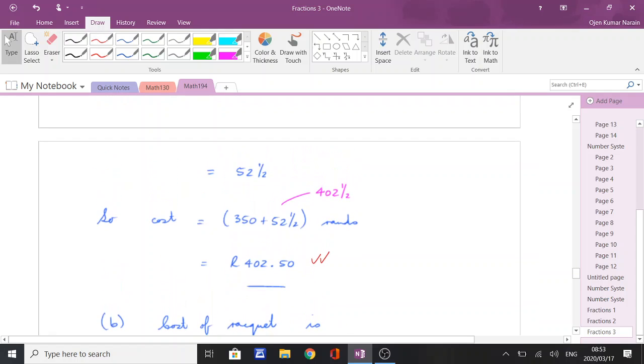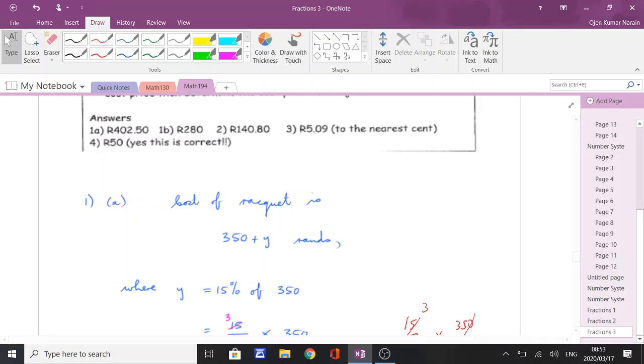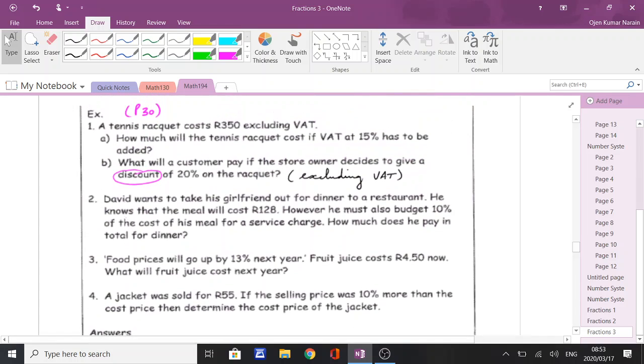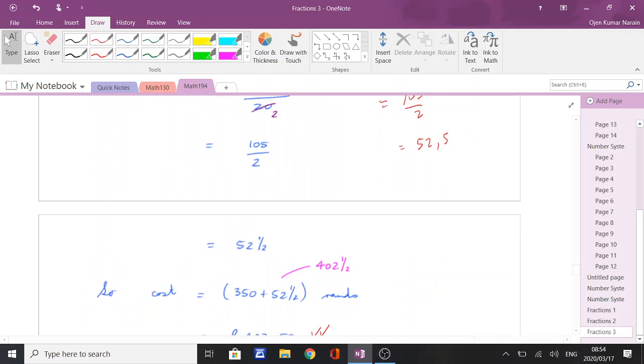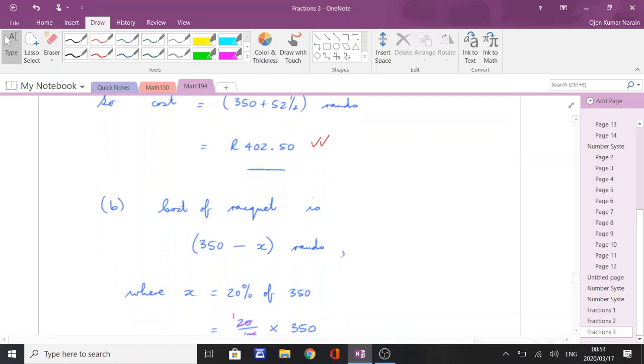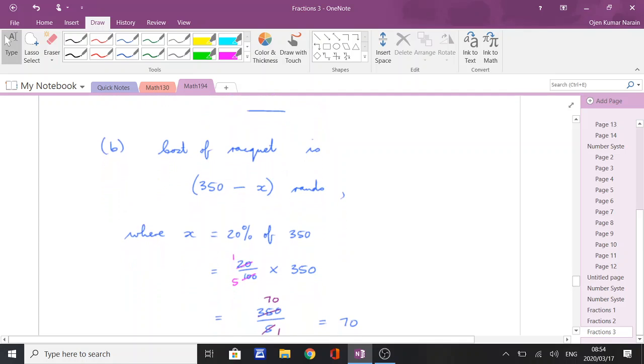So now the second part was, what will the customer pay if the store owner decides to give a discount of 20% on the racket? So obviously now the racket is going to cost less. So the cost of the racket is 350 minus X, where X is 20% of 350.